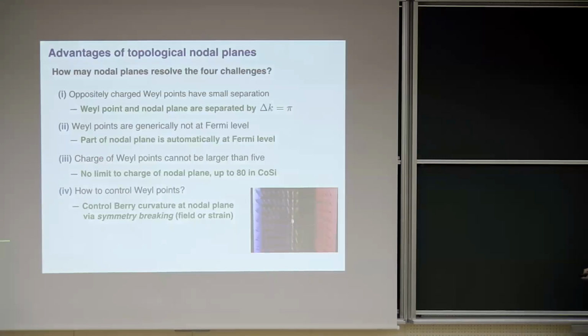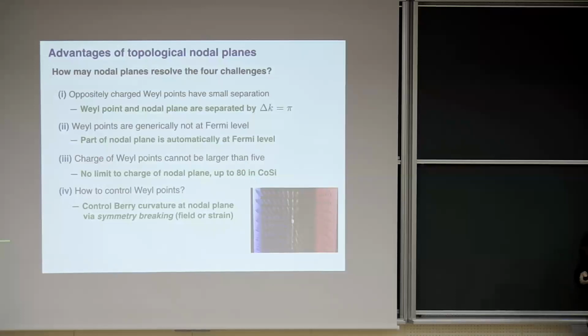The second advantage is this part of the nodal plane is automatically at the Fermi level. This is because as soon as you have a Fermi surface that goes through the boundary of the Brillouin zone, this will have a degeneracy, and this degeneracy in the Fermi surface carries part of this large Berry curvature. Then third, we can now have a very high charge of this nodal plane. So this is not restricted by the crystal symmetries, but we can have arbitrarily high charge. And in some materials, we have found up to charge 80.